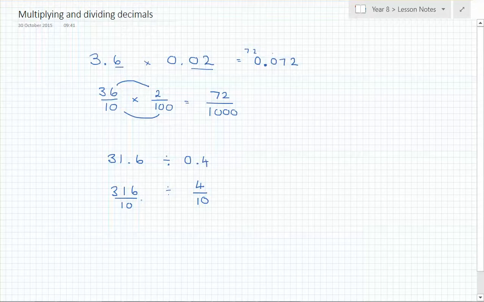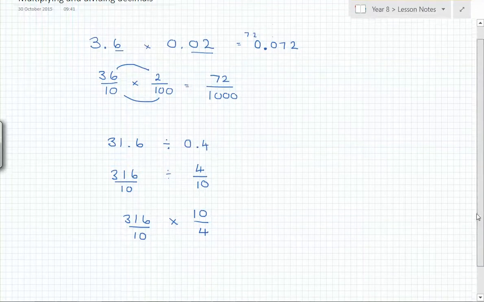Now, what do we do to divide by a fraction? Yeah, so we find the reciprocal, so it's 10 over 4, and then we multiply.